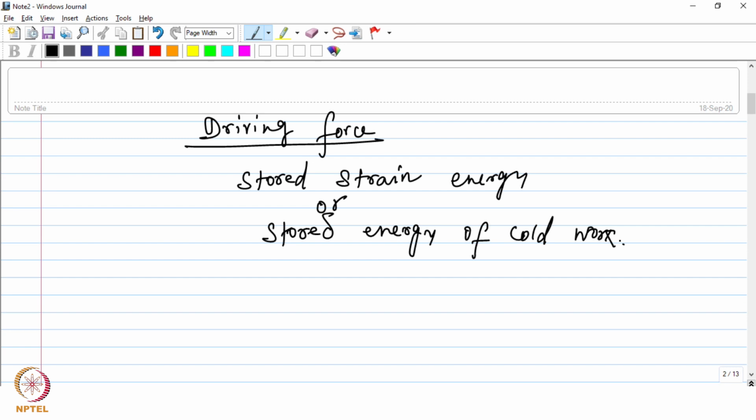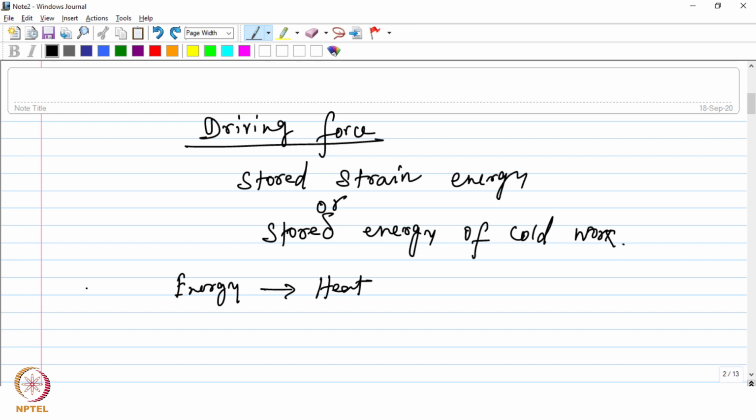So this stored energy of cold work that you have in the material can in fact be demonstrated, because any energy, as you might know, can easily transfer to heat energy. Right?